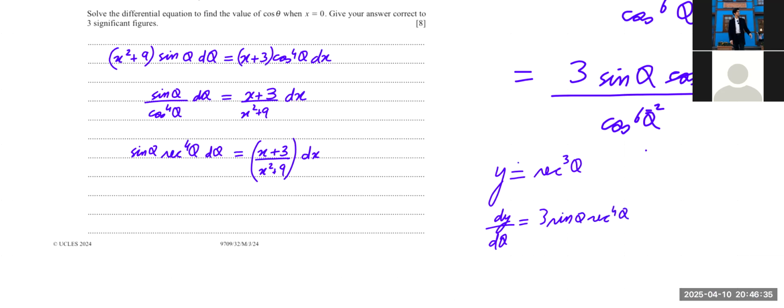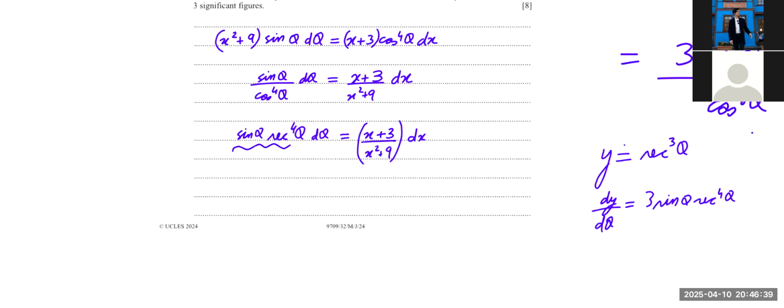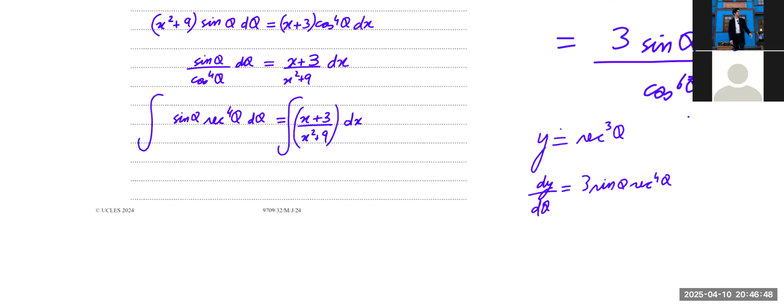We know this. So now we have sine theta secant 4 theta here, and we want to integrate it. What do you suggest we do? It almost looks like that. What's missing? The 3. So what do you suggest we do?